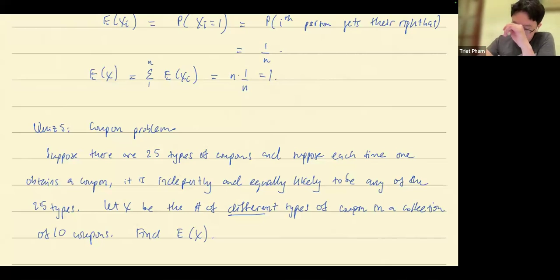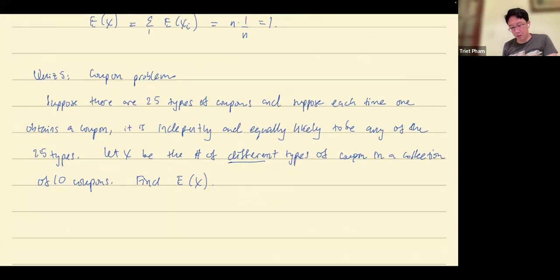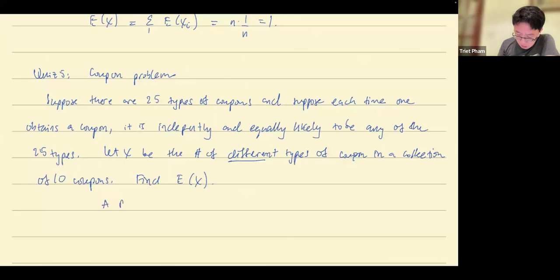So what does X talk about? There are 25 types. It's not exactly the same case because I think there are only 24 letters in the alphabet. But let's suppose the types are the letters A, B, C up to Z. Again, suppose that there are 25 letters here. I don't think that's the case.